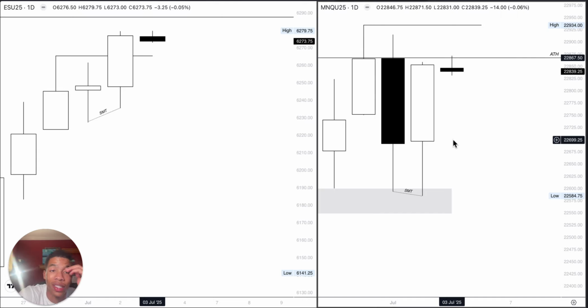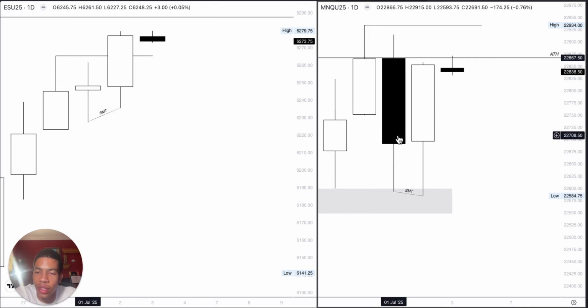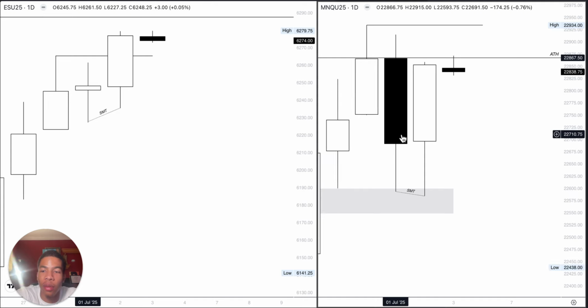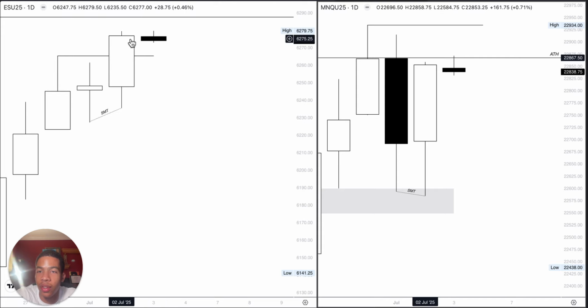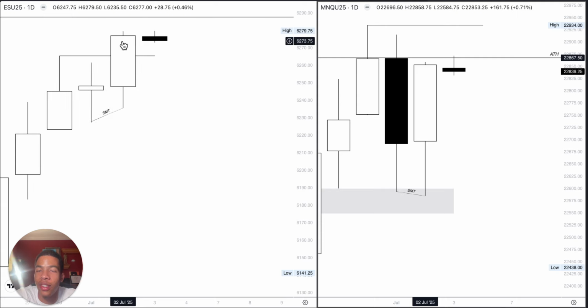Now, with that being said, that is how SMT works, where the one laggard is able to be emphasized because we have evidence from the twin pair that we are seeing something that has not yet come on the other pair.